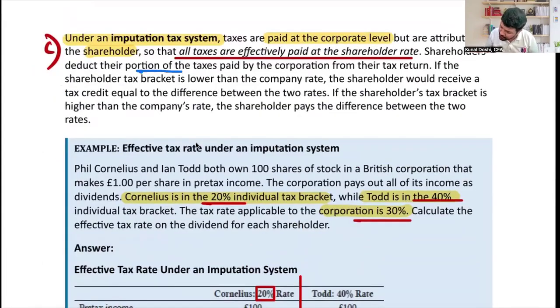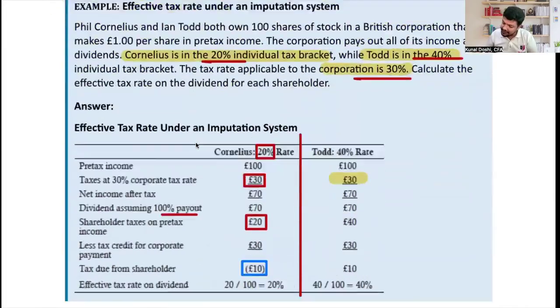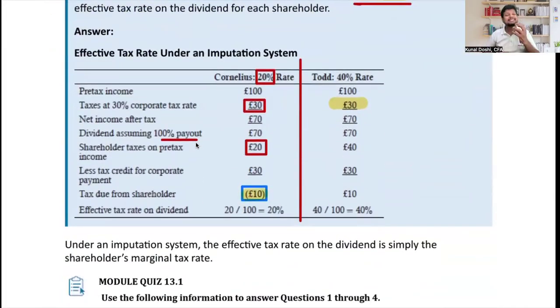Shareholders deduct their portion of taxes paid by the corporation, and if the shareholder tax bracket is lower, then the shareholder will receive a tax credit. So in this case, he will receive a tax credit because his tax is relatively lower than what the company paid. So eventually he has to pay only 20. So his effective tax rate will be the same as his marginal tax rate.